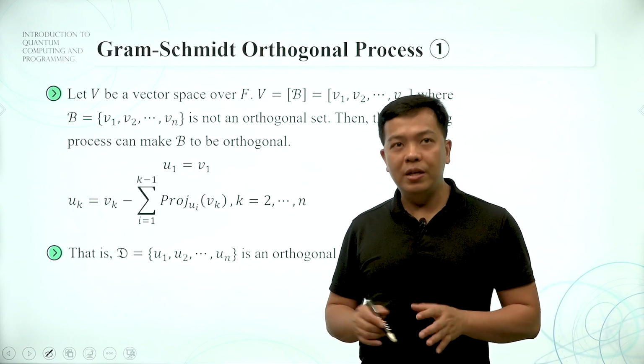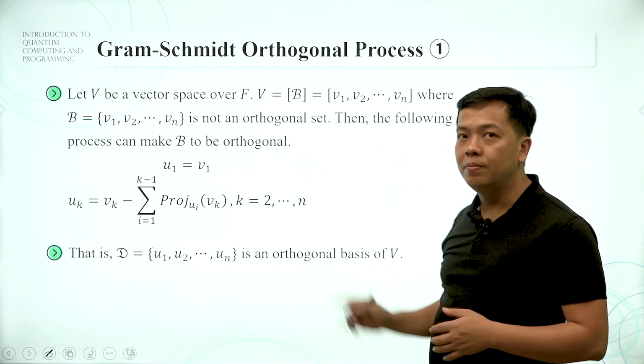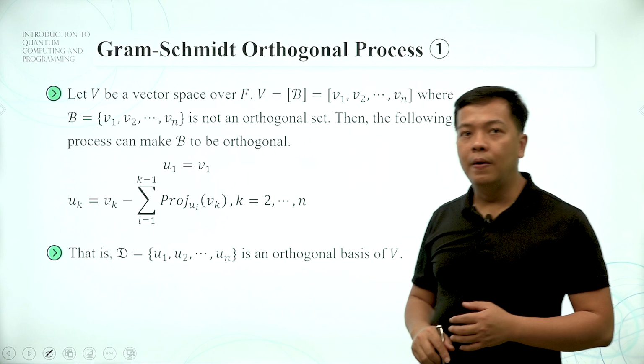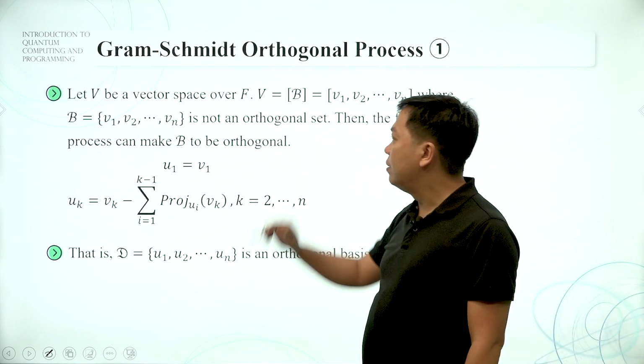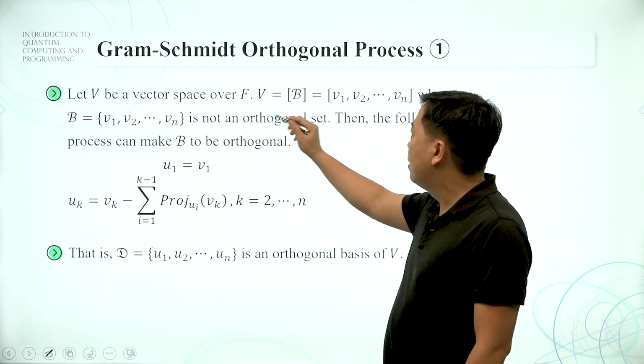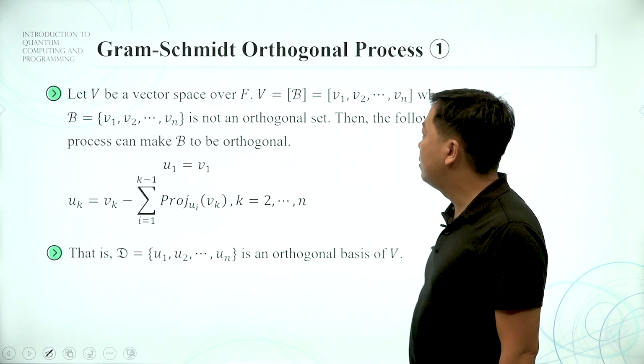So what is the Gram-Schmidt orthogonalization process? We have a vector v, and we have a basis, a basis vector.